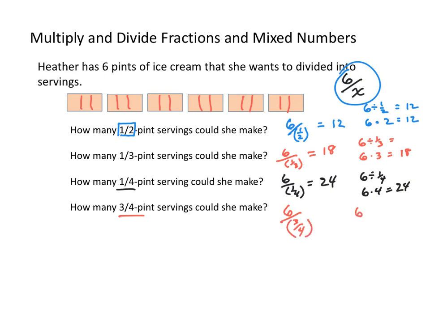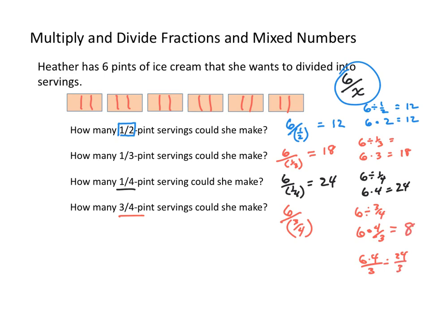Okay, 6 divided by 3/4 should be the same as 6 times what? So now we need to multiply by 4 thirds. Now 6 times 4 thirds is 6 times 4 over 3, so that's 24 thirds. So that's 8.